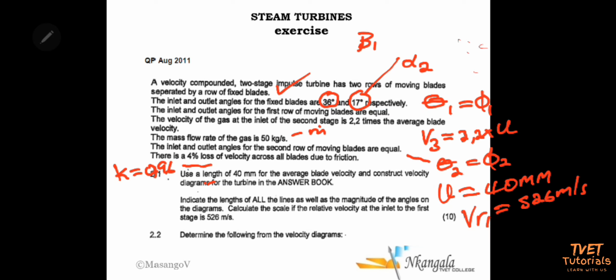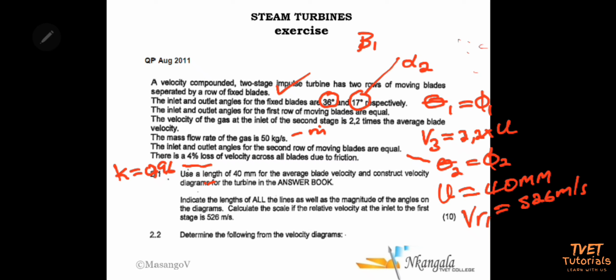We have beta 1, alpha 2, theta 1 is symmetrical blading in the first stage, symmetrical blading in the second stage. We have an equation of V3 with respect to V2 with respect to the blade speed, and then we have K, and then we are given that U is 40 millimeters.